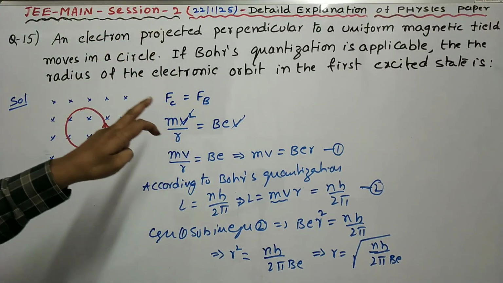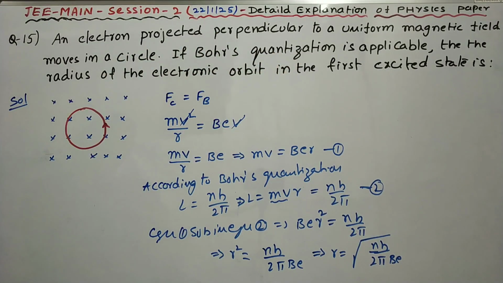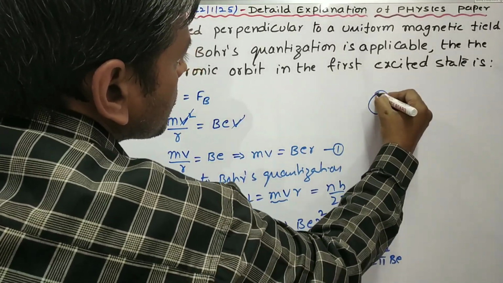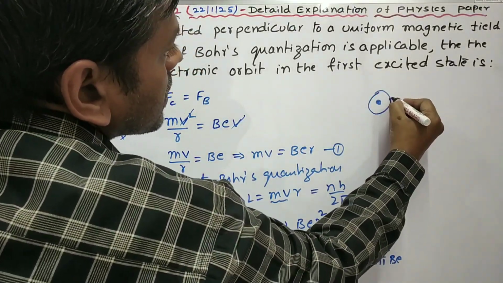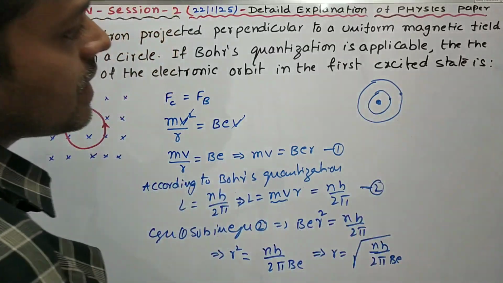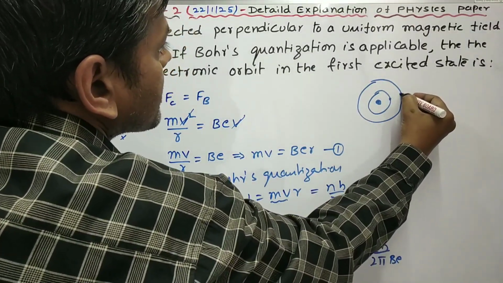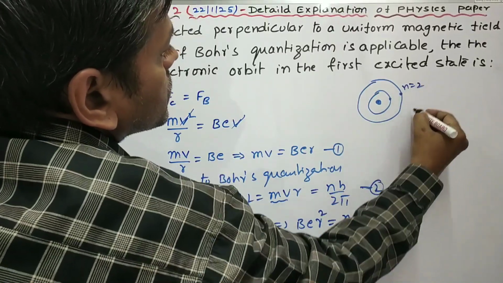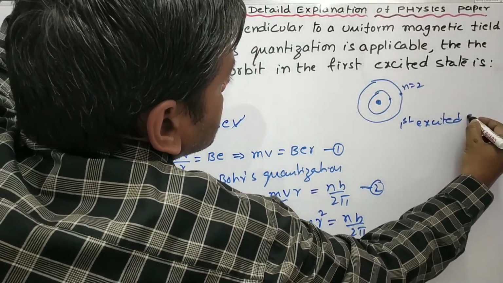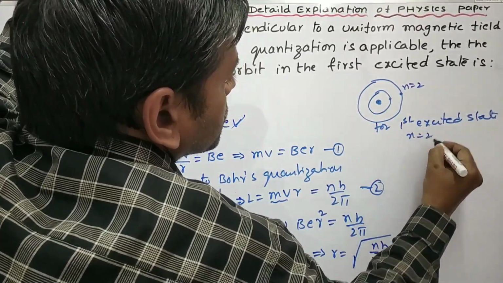What is being asked? What is the radius of the electronic orbit in the first excited state? The electron revolving around the nucleus is in the ground state. Higher states, other than the ground state, are called excited states. First excited state means the electron is in the second orbit, that means n is equal to 2.